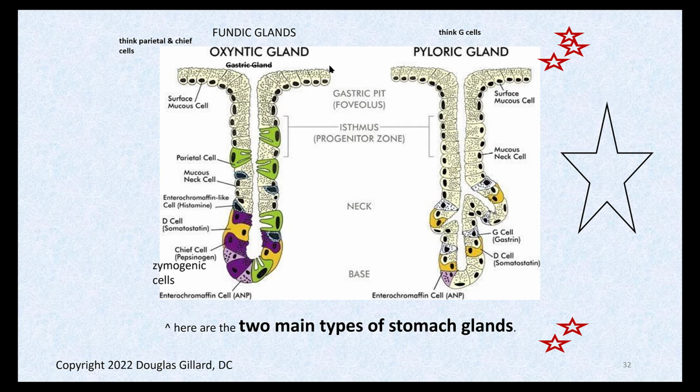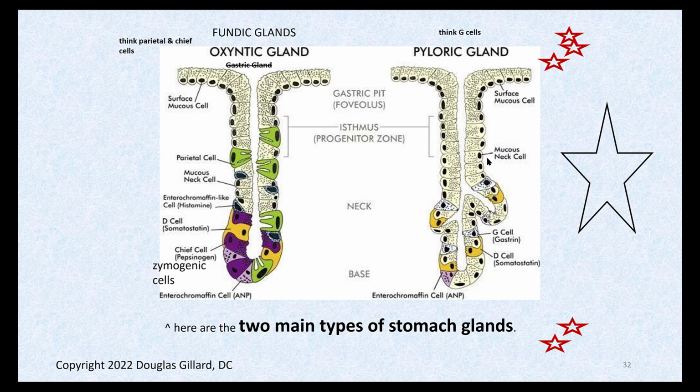All right, so here is a fundic gland, aka oxyntic gland. Another terrible aka is gastric gland. I won't use that, but just beware of it. It's got parietal cells, and it's got our chief cells in here. It's also got these important D cells, which we'll look at in a second.